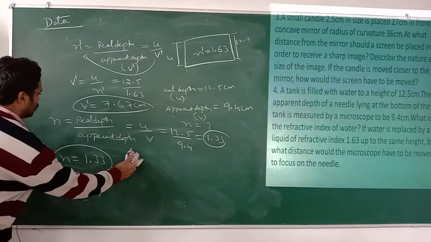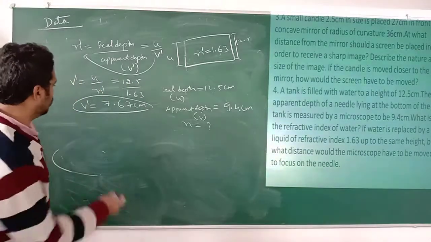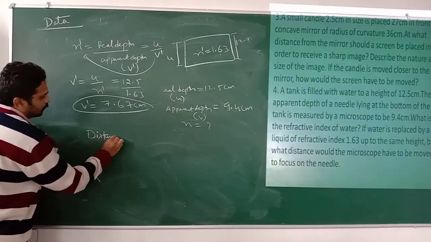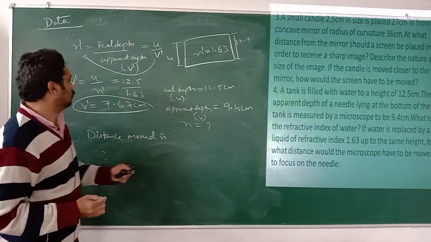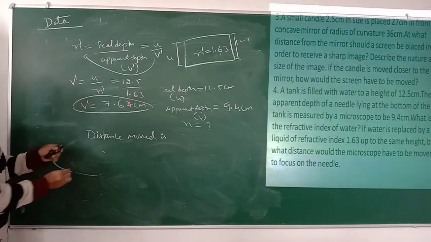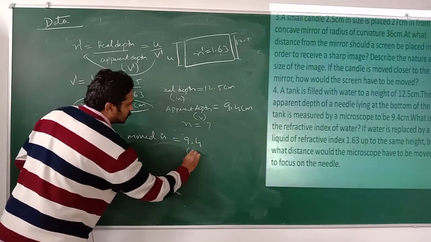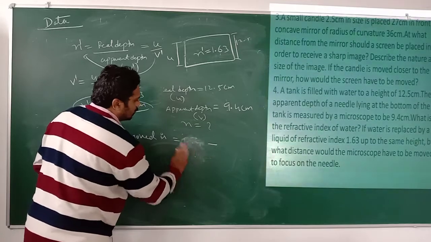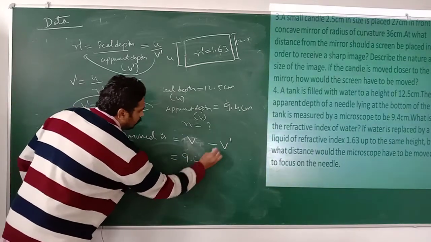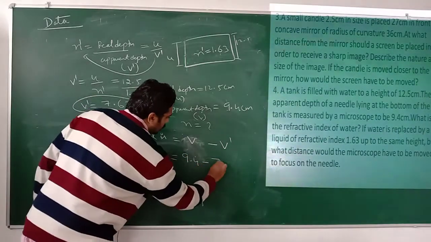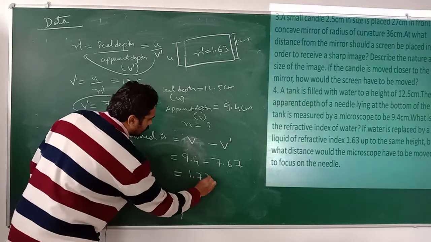What distance? The distance moved is: first the apparent depth is 9.4, this is V, and now the apparent depth is 7.67, this is V dash. So the distance is V minus V dash. 9.4 minus 7.67, we get around 1.73.